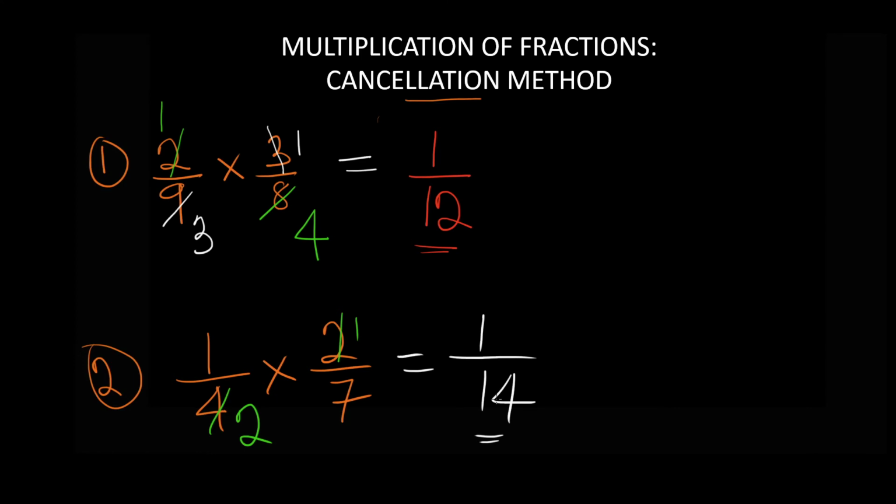Let's take a look at another example right here. Number 3. 4 over 9 times 6 over 18.